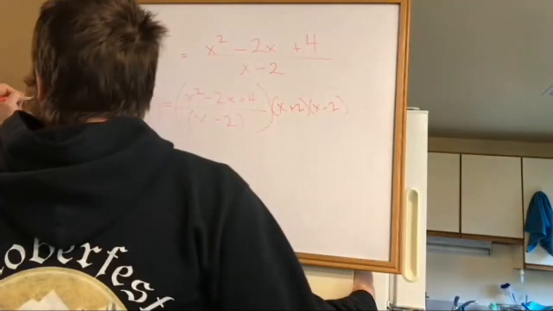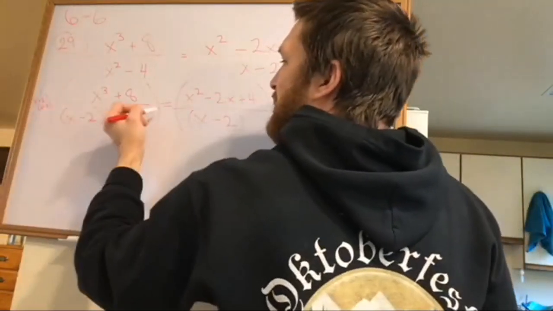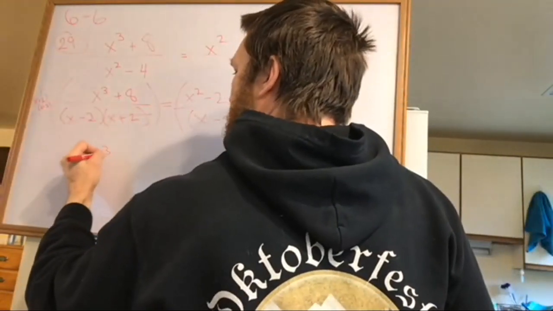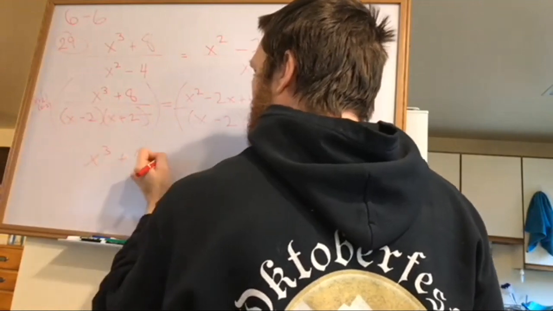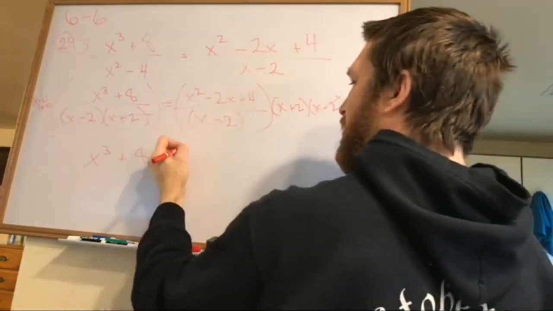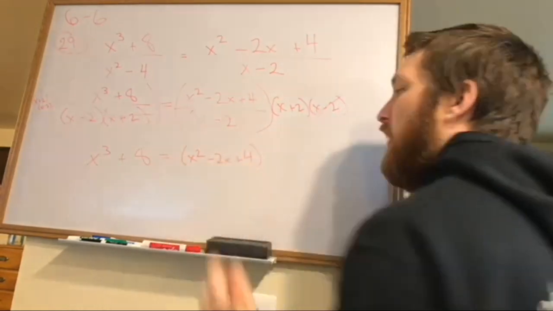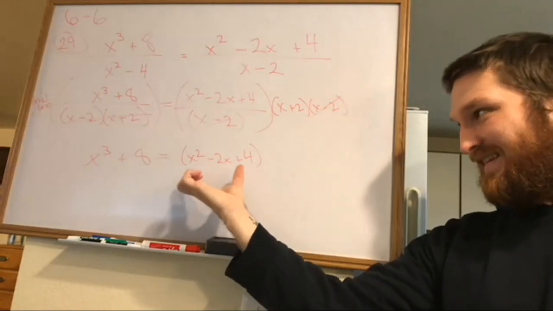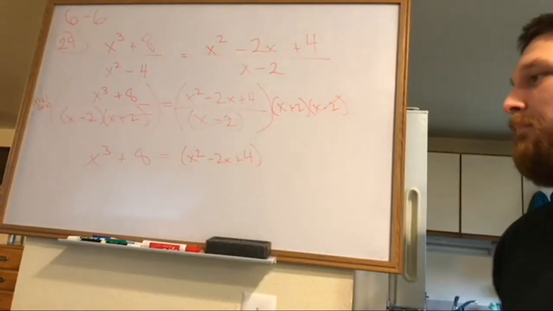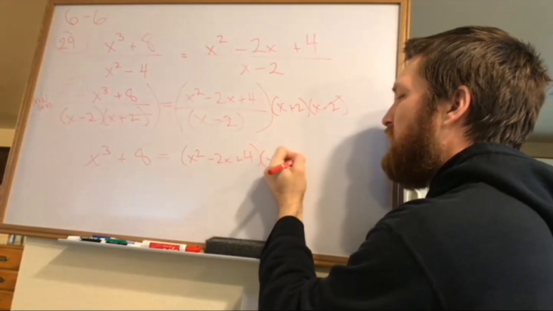So those guys kill those guys. All I'm left with is an x cubed plus 8. This guy kills this guy, and I'm left with an x squared minus 2x plus 4, all in parentheses, which is super important, and then an x plus 2, like that.